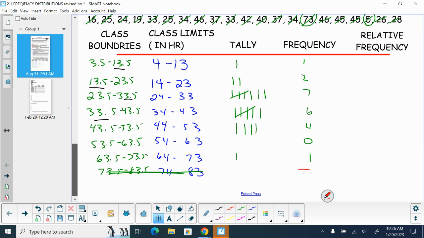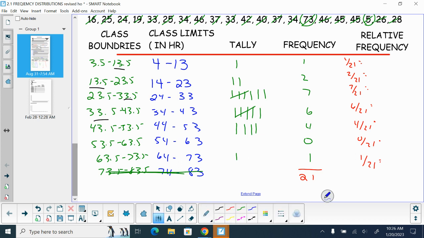Well, we have a total here of 21 seasons. One of these 21 is in the first category. 2 of the 21 is in the second category. 7 of the 21, and 6 of the 21, 4 of the 21, 0 of the 21, and 1 of the 21 are in the rest of the categories.